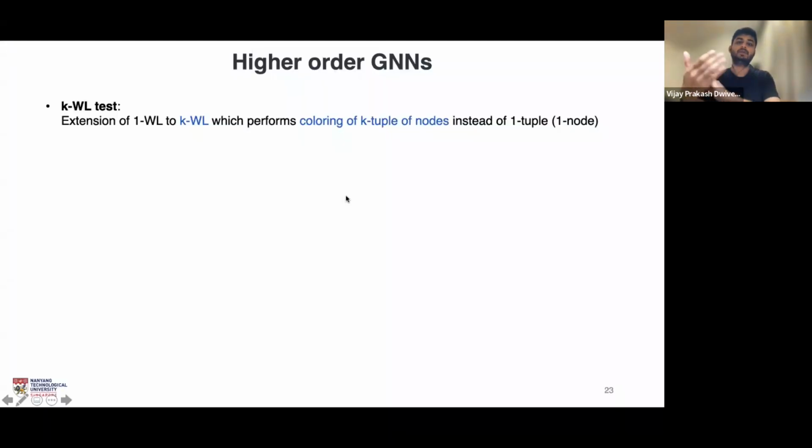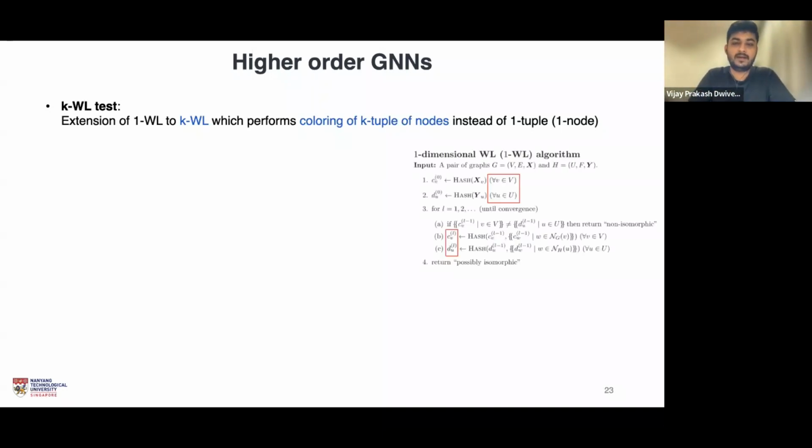Before going into the GNNs part, let's first see the WL part. We see that in 1WL, it colors nodes. So this coloring of a node, where V and U are basically nodes from the node sets of both the graphs, and these colors are updated at each iteration. So this 1WL can be extended to KWL to perform coloring of K tuples of nodes.